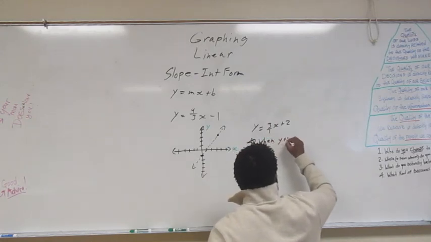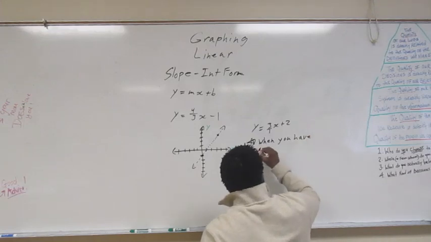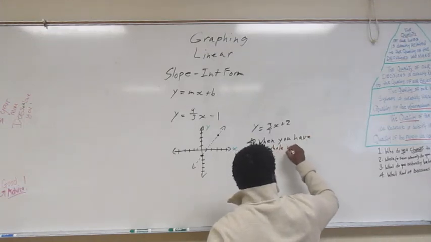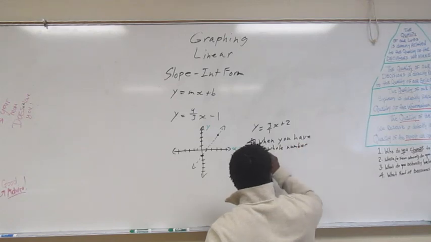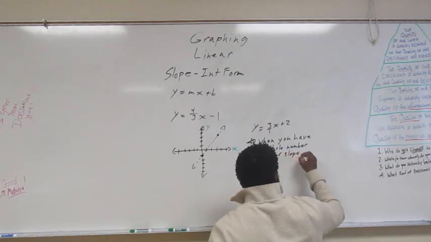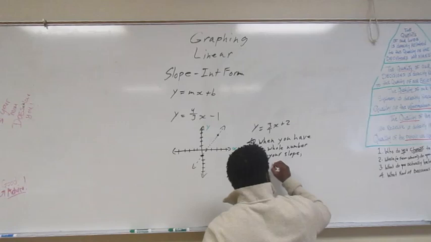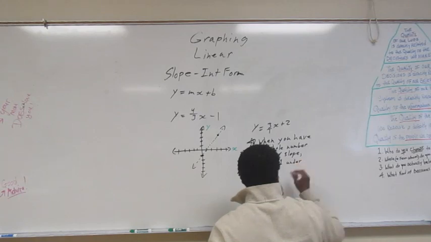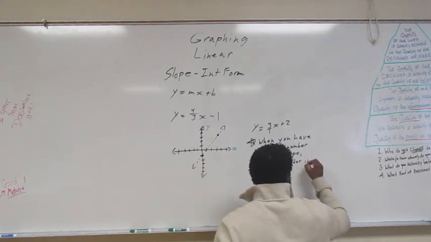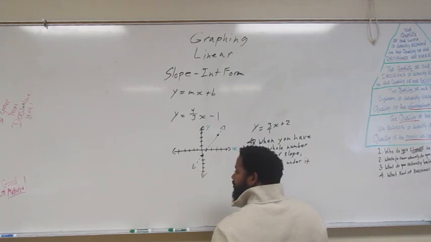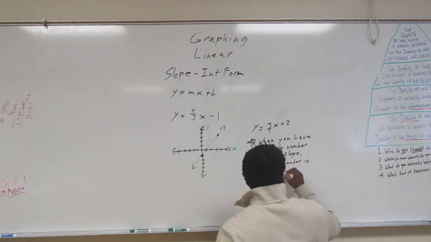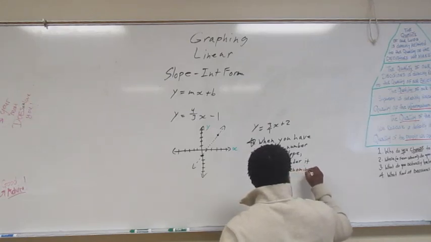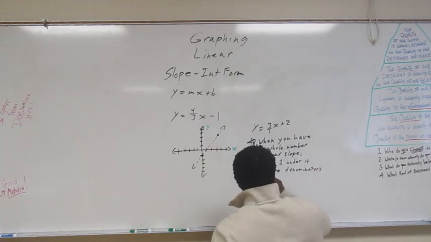When you have a whole number as your slope, put a 1 under it in the denominator spot, okay?